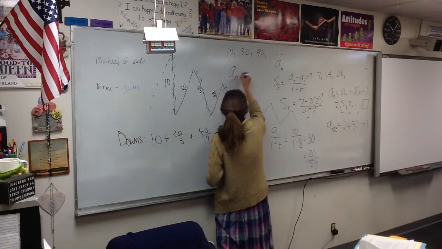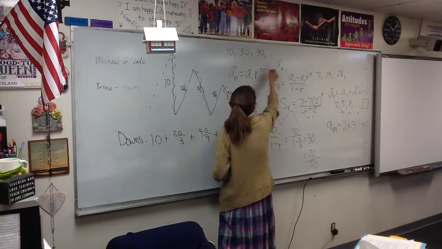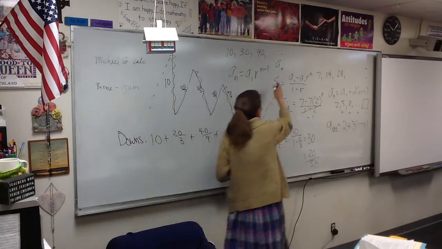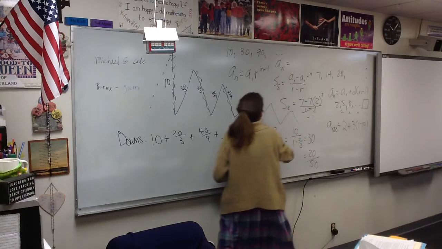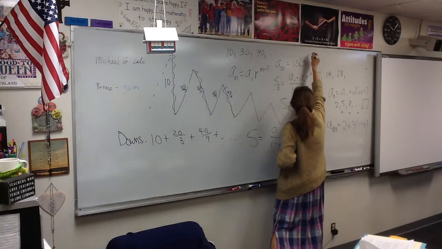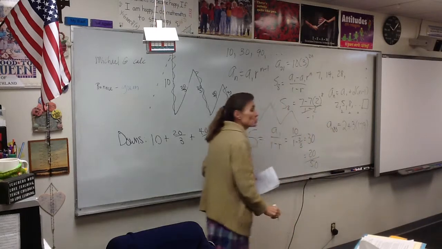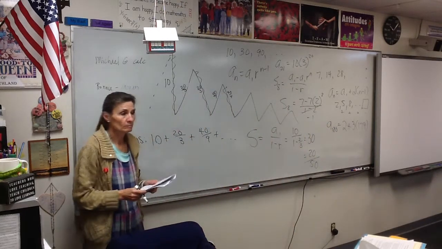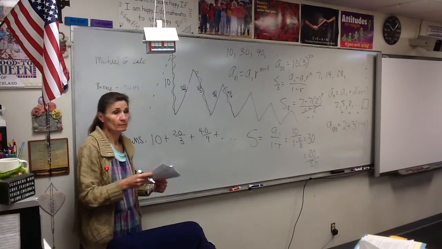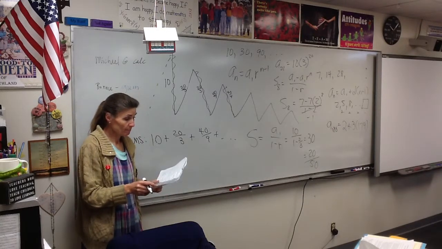The term of a geometric sequence is this formula. So I want the 21st term. So that'll be 10 times 3 to the 20th. That will be some giant number. It'll go into scientific notation, and you'll just have to deal with that.